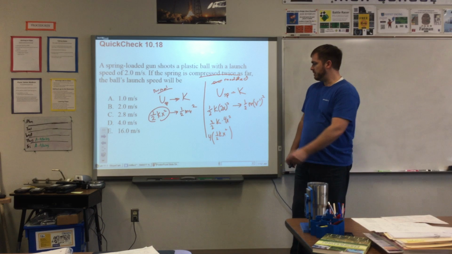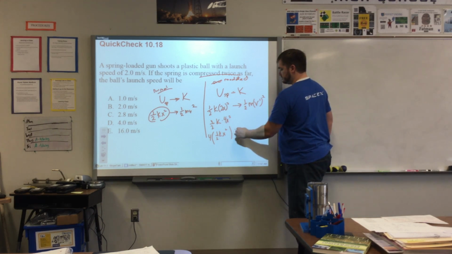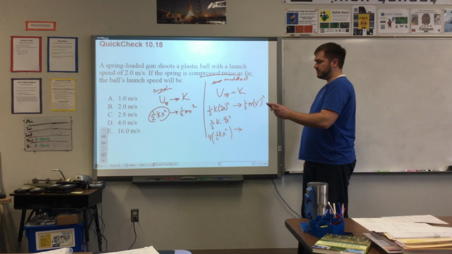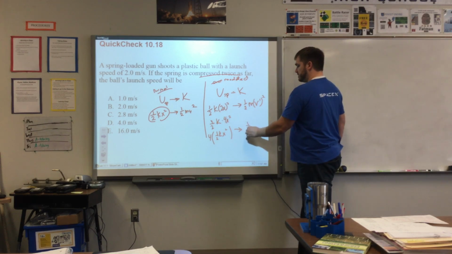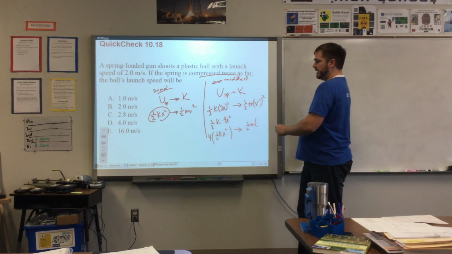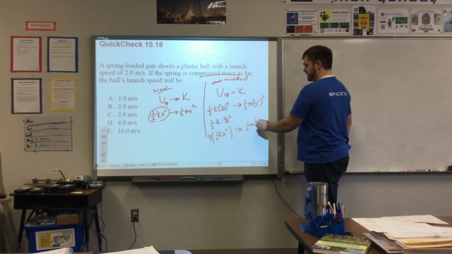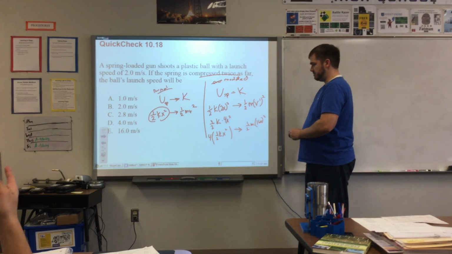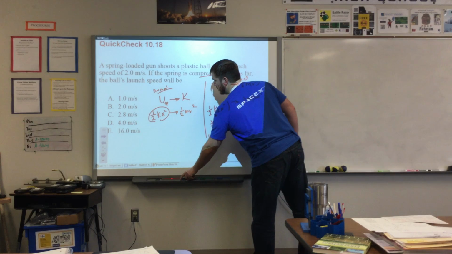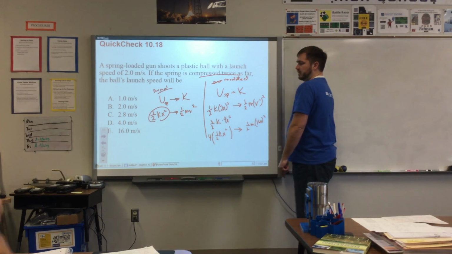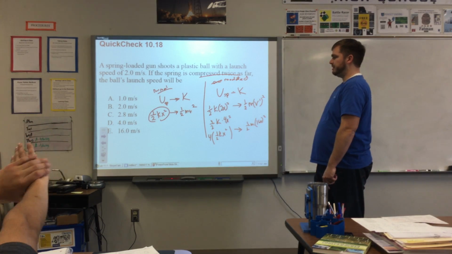So now, what are you thinking? 16? Possibly? Okay? Let's see if you're right. So let's see if that equals 1/2 mass, and instead of putting V, I'm going to write 16 V. What did you do? 2? Since that's the initial. No, the speed up there is 2 meters per second.